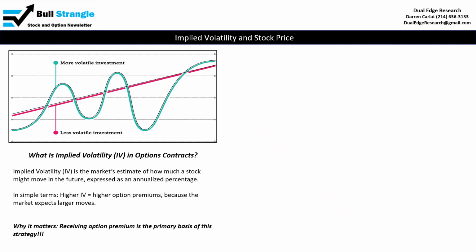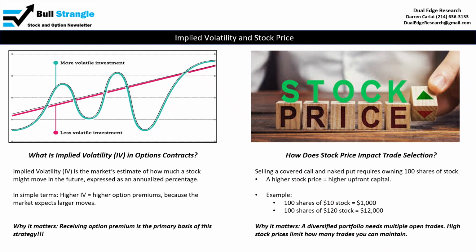And then in terms of stock price, how does the stock price impact trade selection? Well, selling a covered call and naked put does require owning 100 shares of stock. So a higher stock price equals higher upfront capital. Now, a simple example, and I'm using the range that I use: 100 shares of a $10 stock is a $1,000 investment, whereas 100 shares of a $120 stock is a $12,000 investment.